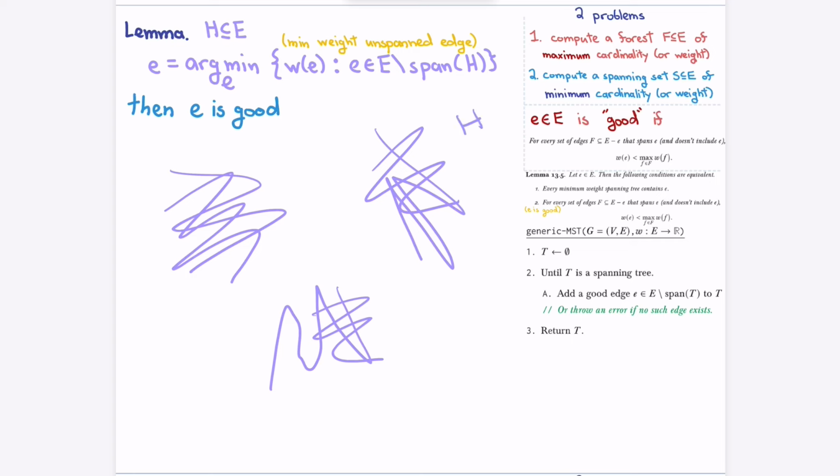Suppose there are some edges that aren't spanned by H. Edges that are within these components are already spanned, but the things that aren't spanned are like the edges in red. Of these unspanned edges, identify the minimum weight edge. Let's say it's this one. The claim is that E must be a good edge. So if there's any set H for which E becomes the best leftover edge, then E is good.